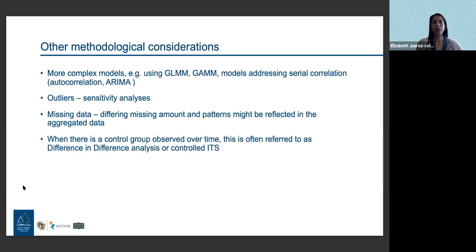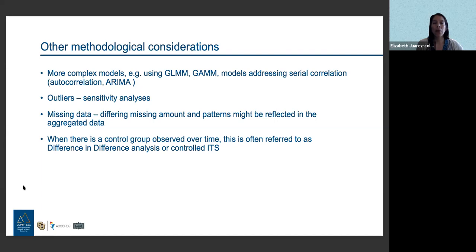Now, there are other methodological considerations that we wanted to mention here as well, and these are common to both individual and aggregated data.